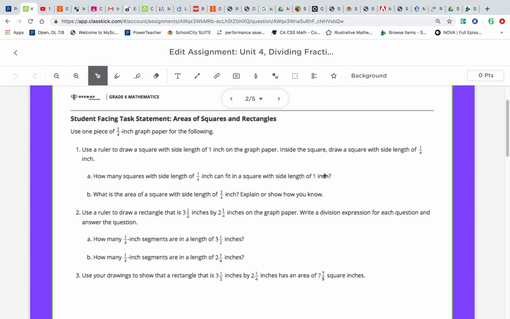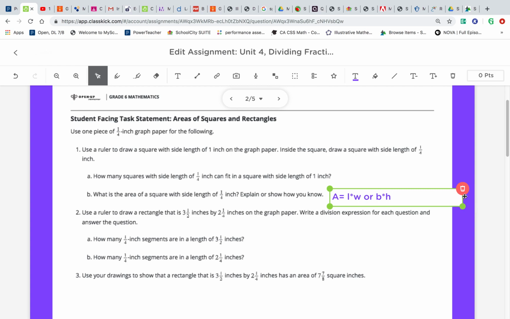And then for the area, what is the area of a square with side length of 1/4 inch? Well, think back to how we find area. We find area by finding length times width, right? Or base times height, or B times H. So in the case of a square, you're just talking about one side times another side, and the sides are the same length.